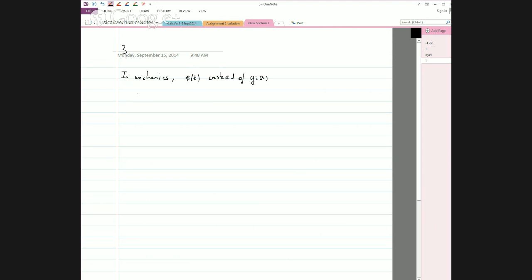So in general, we'll have a function L, and it will be a function of q1, q2, ..., qn of t. It will also potentially depend on the velocities, q1 dot to qn dot of t, as well as time, right?